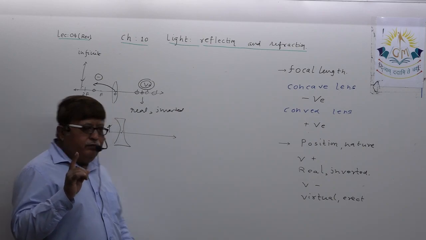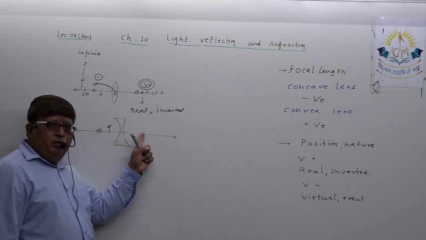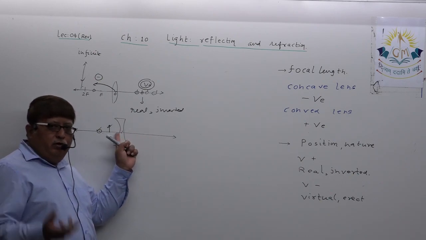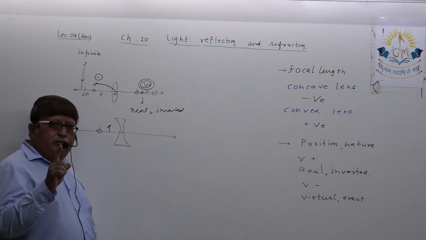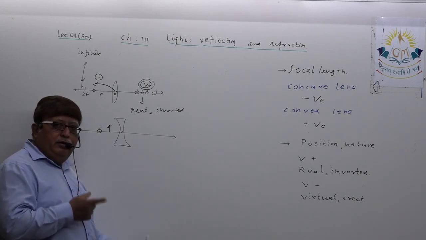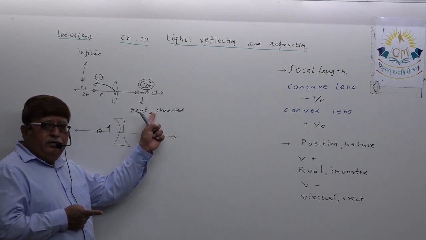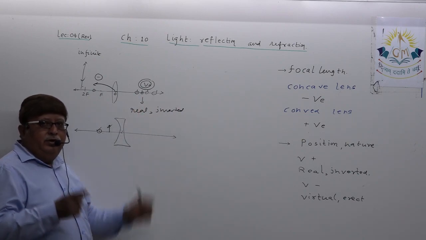In case of a concave lens, dear student, the image is never obtained on the right side. Please take note of this. So U is always negative, and V is always negative in case of a concave lens. In case of a convex lens, V can be positive, it can be negative.